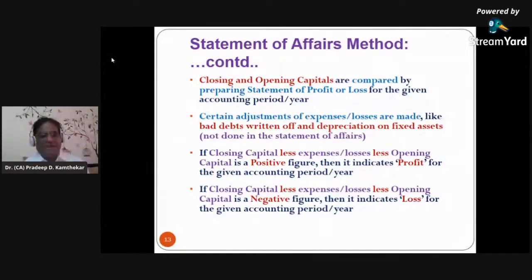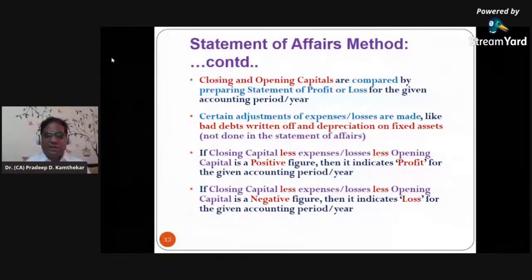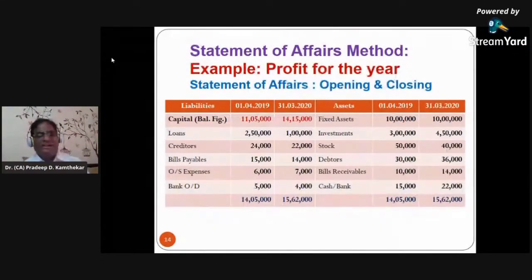And after that, we minus the opening capital, which is given to us by the opening statement of affairs. And finally, what figure do we get? On the basis of that, we say whether it is a profit or not. If it is a positive difference, then we call it a profit for the accounting year or period given. And if it is unfortunately a negative figure, then that indicates the loss made in that particular accounting year or period. Let us take this example.